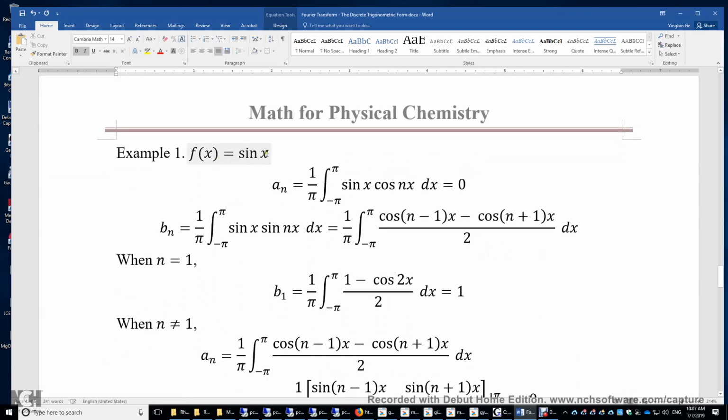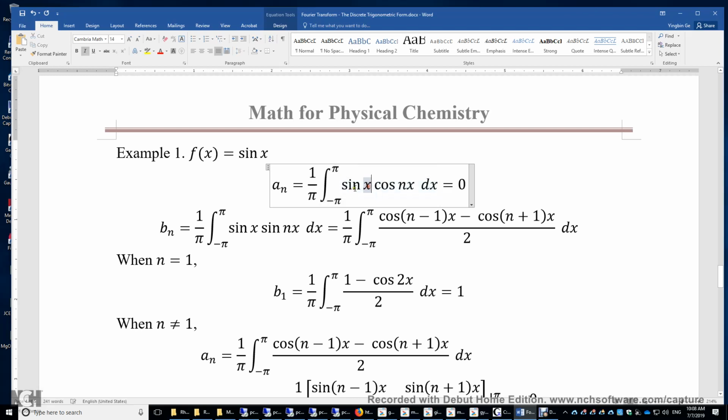If f(x) equals sine x, then we look at a sub n, which is 1 over pi times the integral of f(x), now f(x) is sine x, times cosine nx dx. If you integrate this, I guarantee you the value is 0, if you are integrating an odd function from negative L to positive L, where L is just any constant.